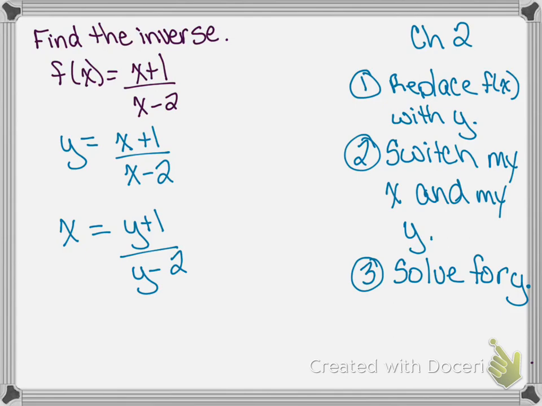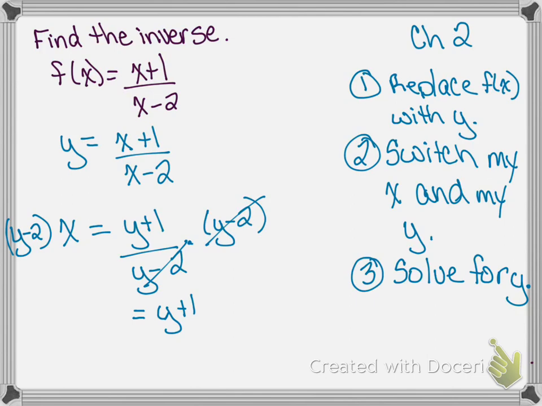So the first thing that I'm going to do is multiply both sides by y minus 2. What that does is it gets rid of this denominator right there. So on this side of the equation, I'm left with y plus 1.